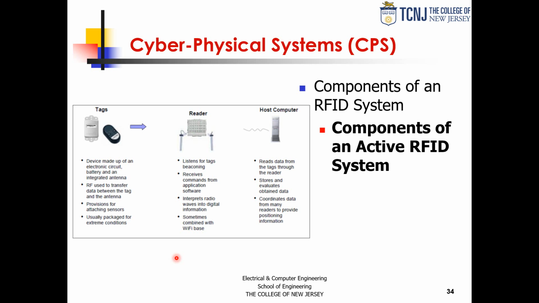And normally what you see is that active systems can afford to be bulkier, because they don't consume more power.